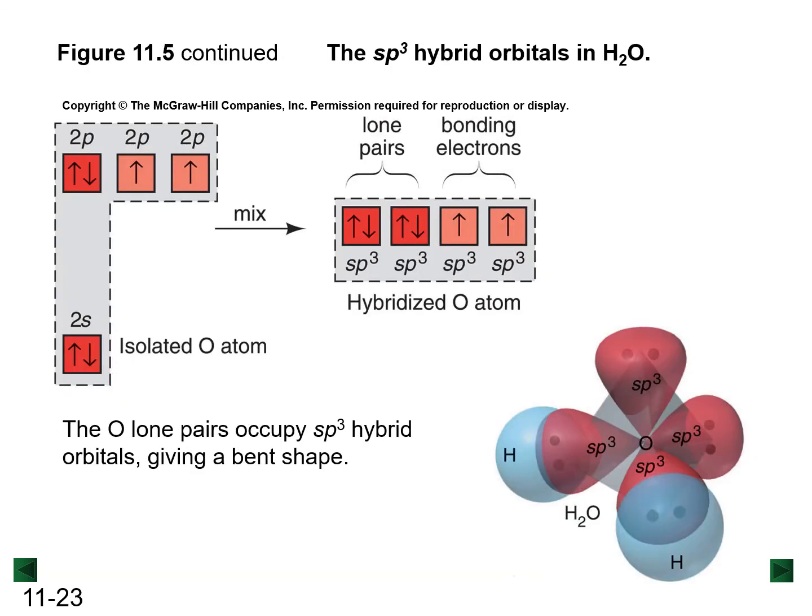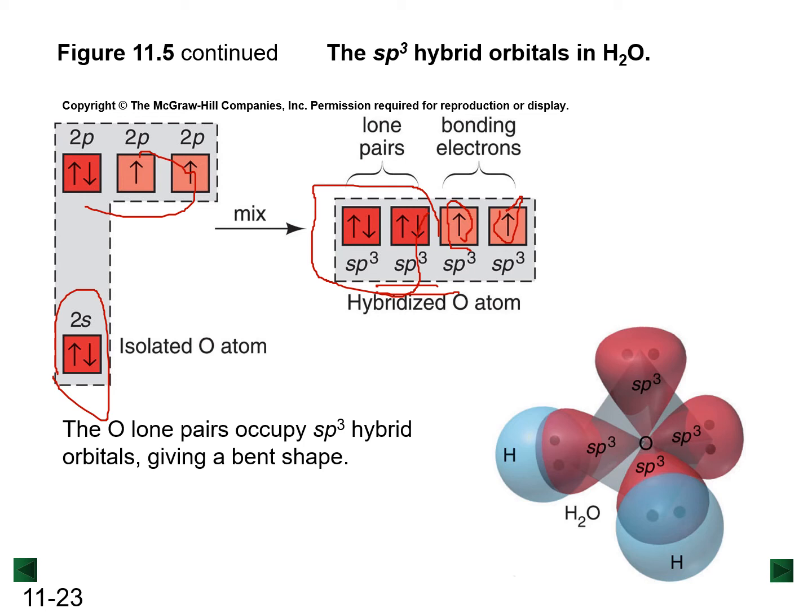Okay, as we can see here, one s orbital mixed with 3p orbital forming 4 sp3 hybrid orbitals, and 2 sp3 hybrid orbitals will be occupied with 2 paired electrons that represent lone pairs, and 2 sp3 will be occupied with unpaired electrons, and these will be used for bonding with hydrogen.